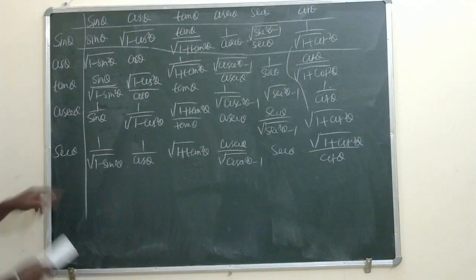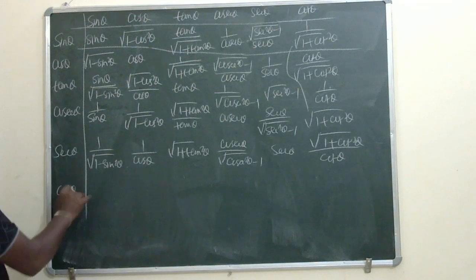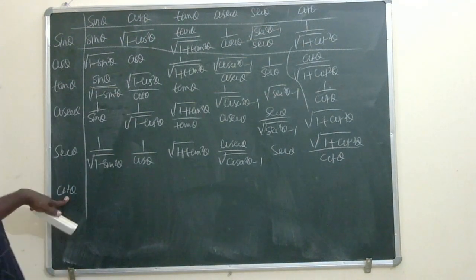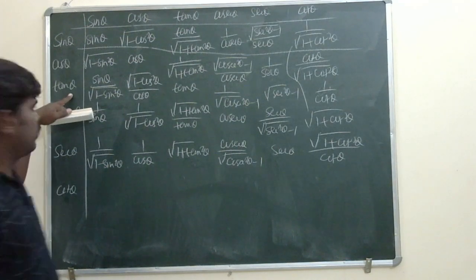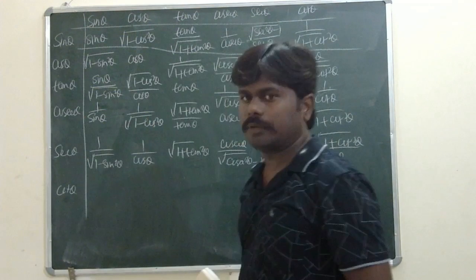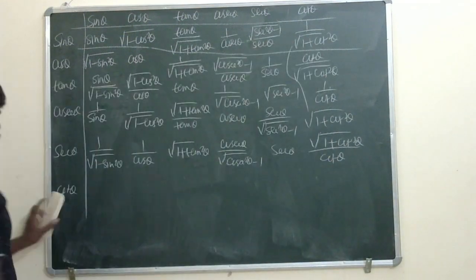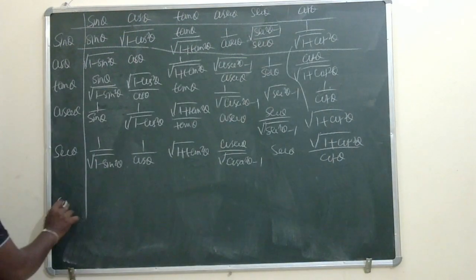And next here we have cot, and this is the last. So cot means here what? Cos by sine, or you can write the reciprocal of the tan. So here better take the reciprocal of the tan and then you will get our answer fast.